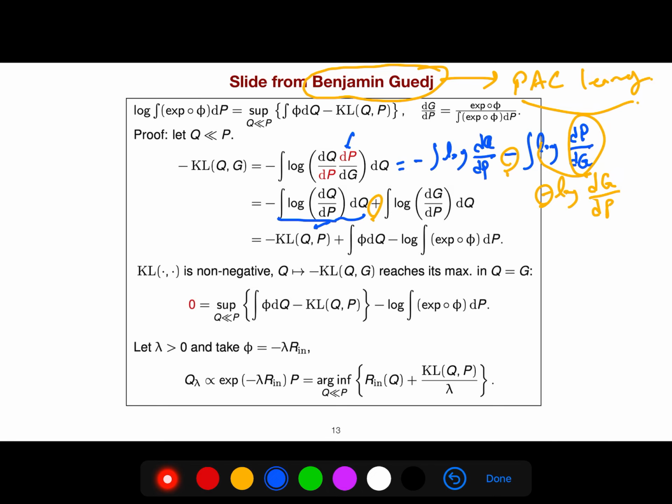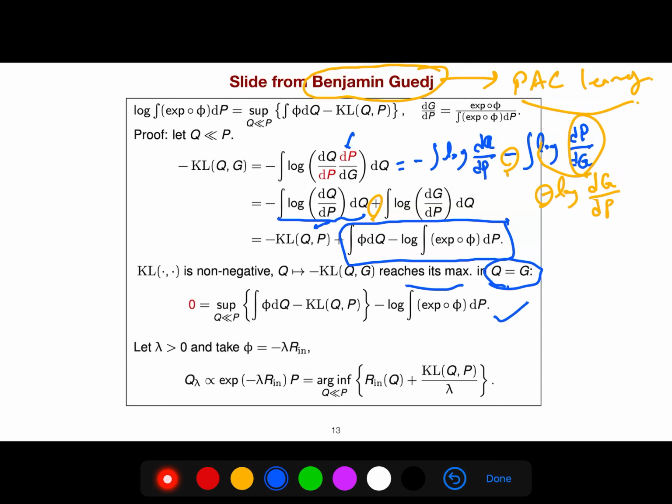And now we are using this phi. Because we know that KL is positive, it is not negative, so it reaches its extremum when they are equal, when Q and G are equal.